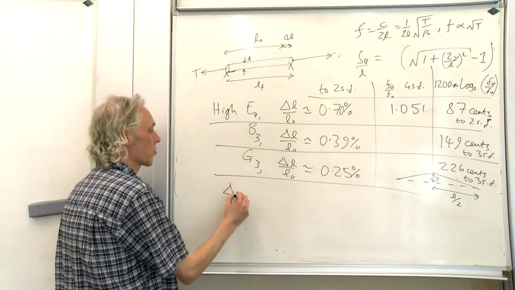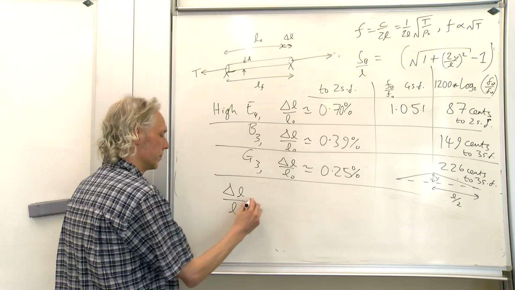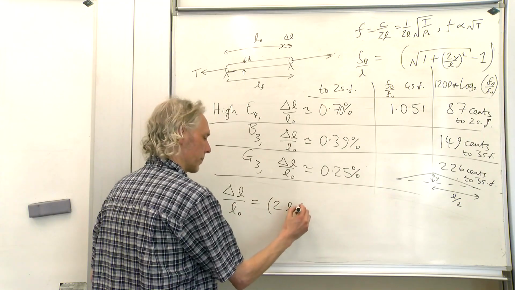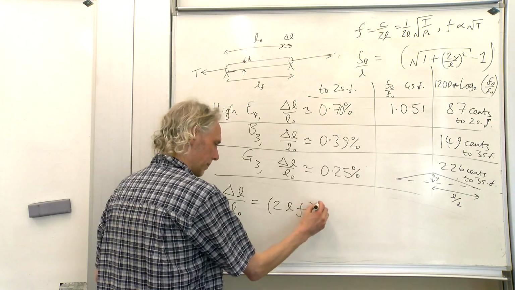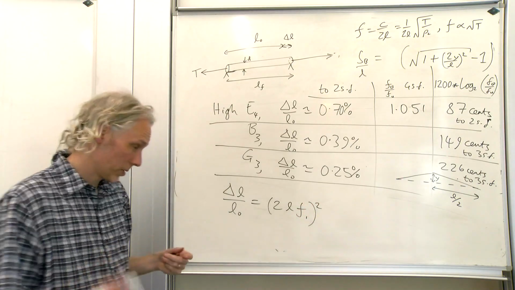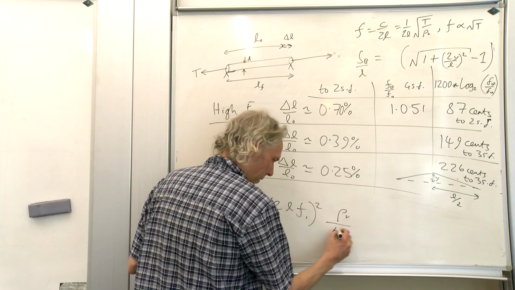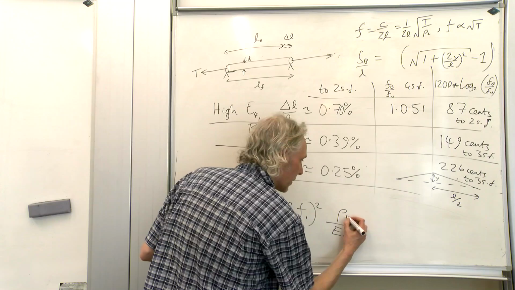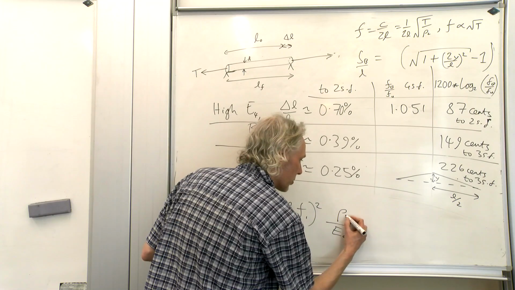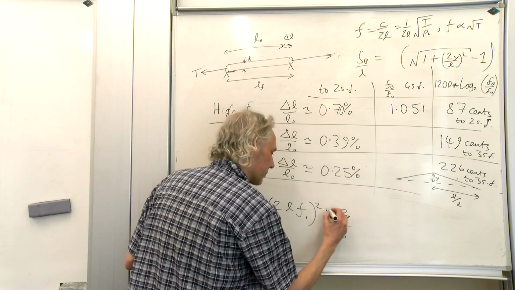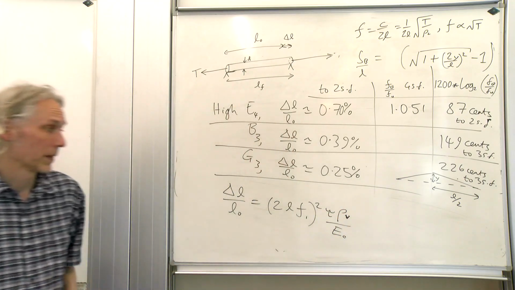When you've got engineering string, remember that was 2L frequency squared, and then we multiply by the volumetric density over the Young's modulus, and then we've got this thing called tau, which is on the top as well.